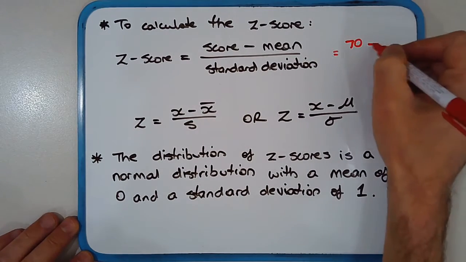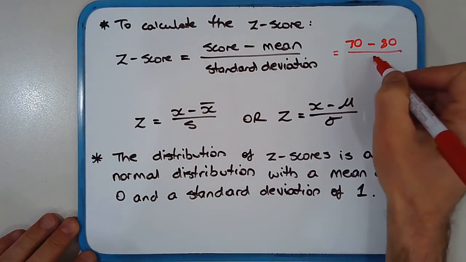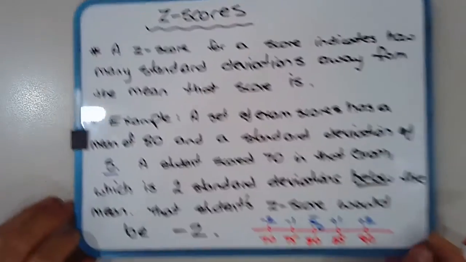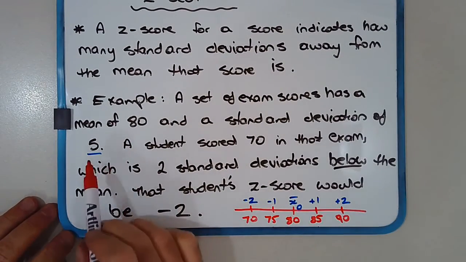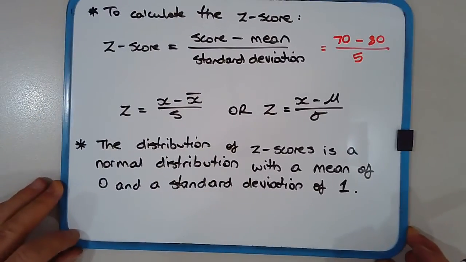The mean of that set of exams was 80, and the standard deviation was 5. What would that student's Z-score be? And we did work it out to be -2.